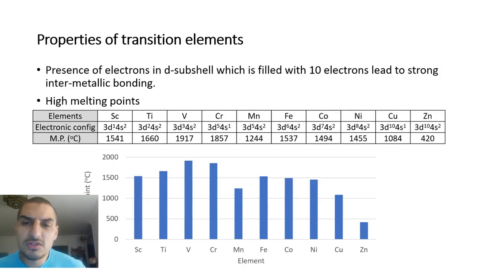Going to the properties of the transition elements, we would first like to take a look at the metallic properties. The metallic properties are governed by the electrons that form the electron cloud, which is responsible for the metallic bonding.